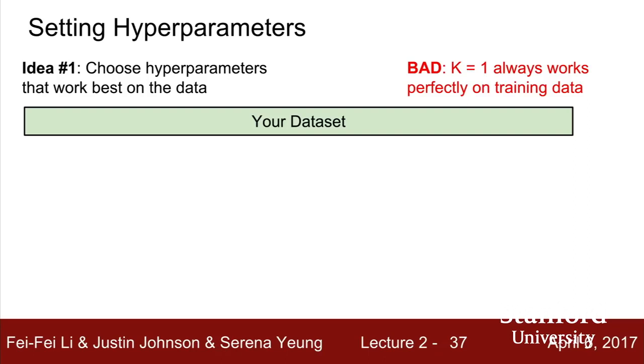So if we use this strategy, we'll always pick k equals 1. But as we saw from the examples earlier, setting k to larger values might cause us to misclassify some of the training data, but in fact lead to better performance on points that were not in the training data. Ultimately, in machine learning, we don't care about fitting the training data. We really care about how our method will perform on unseen data after training. So this is a terrible idea.